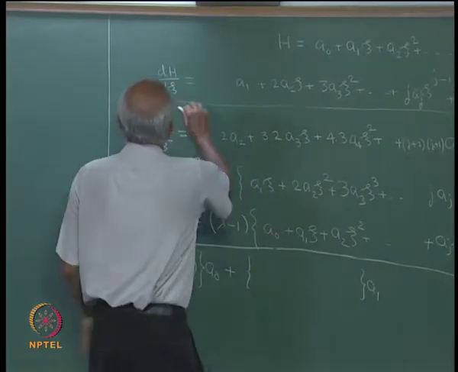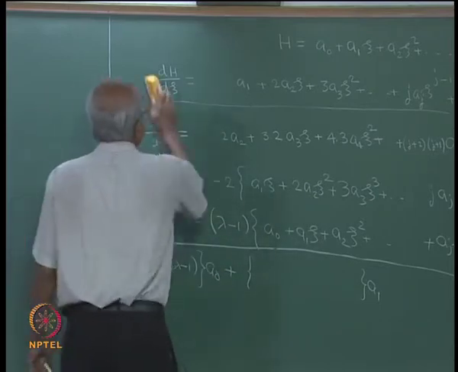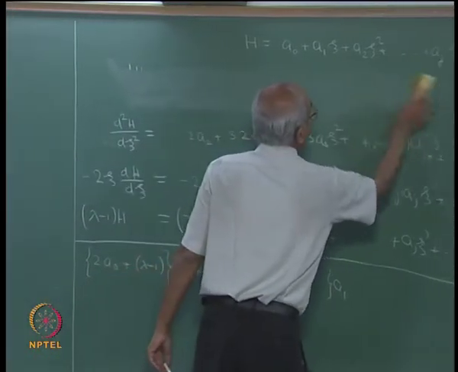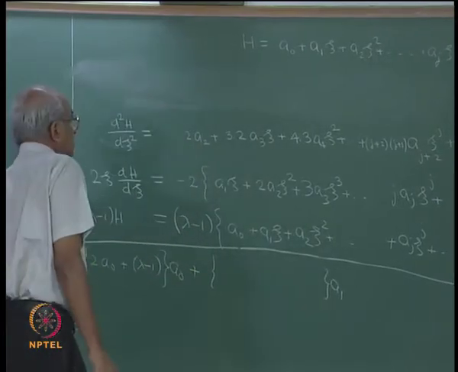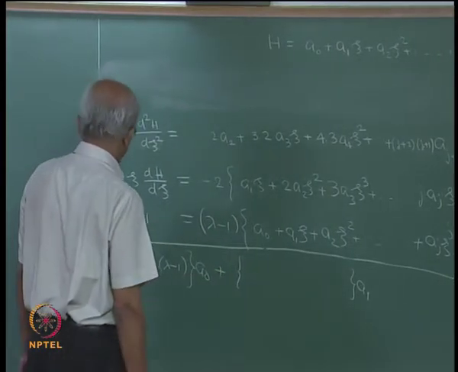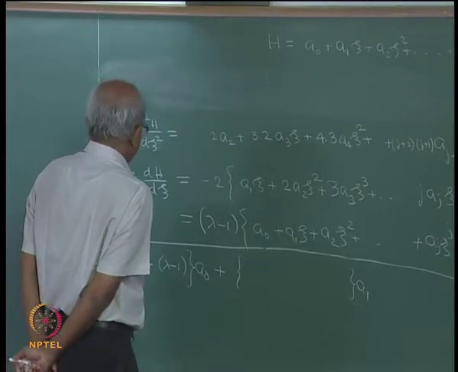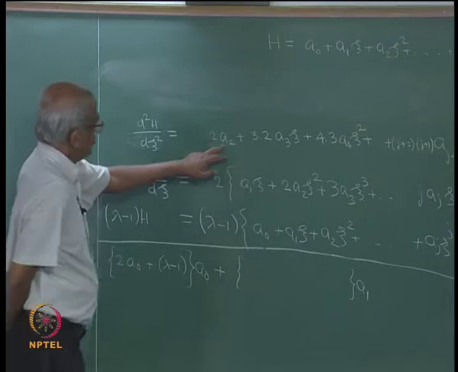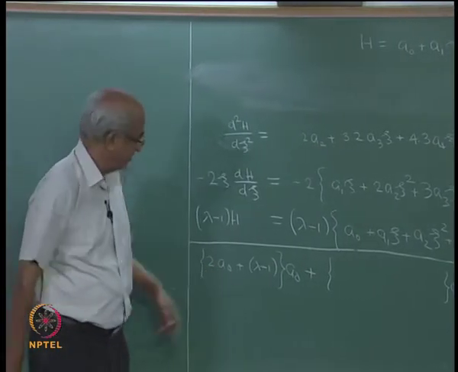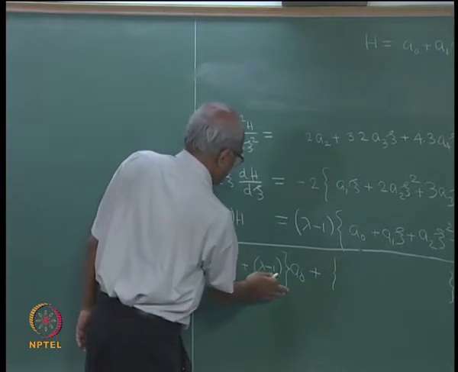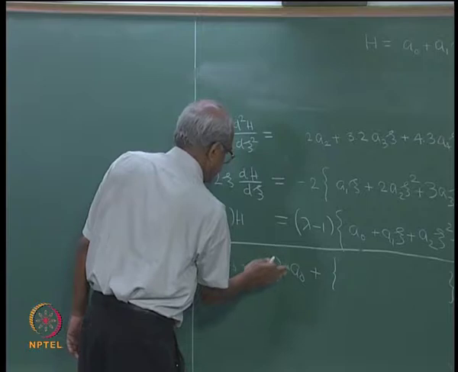No, this is not there, sorry, I can now remove this, otherwise I may take something from there. I think I have made a mistake. 2a2, I have written 2a0, and I have put the bracket in the wrong place.